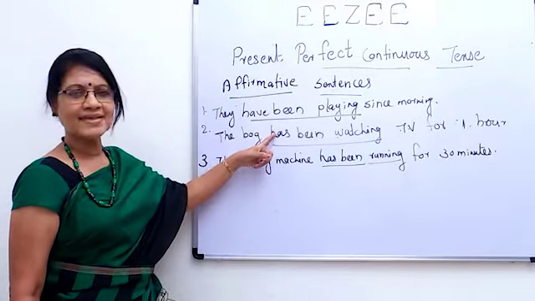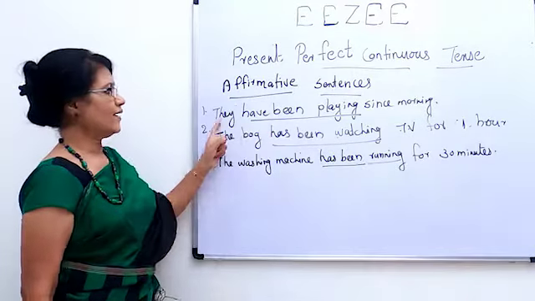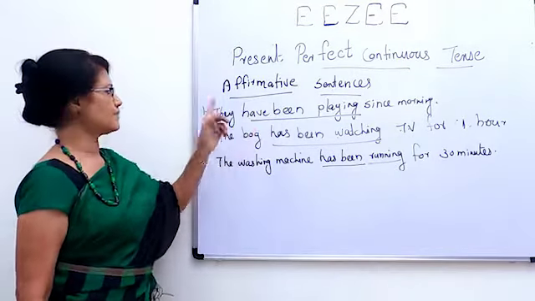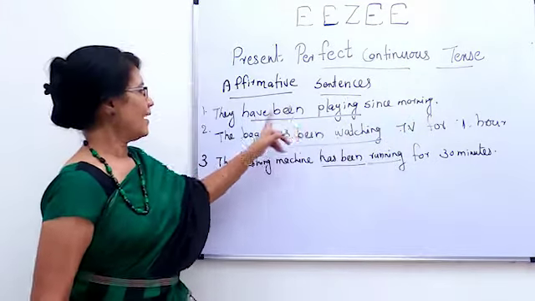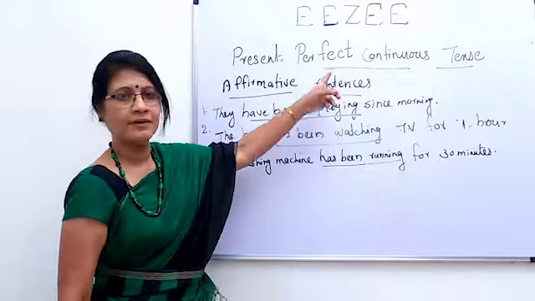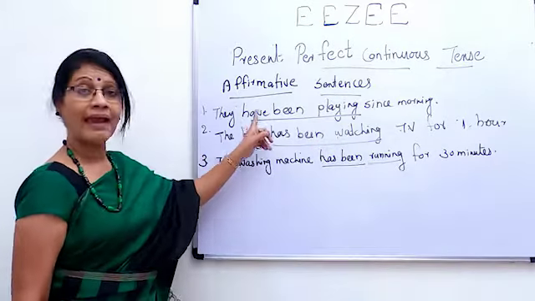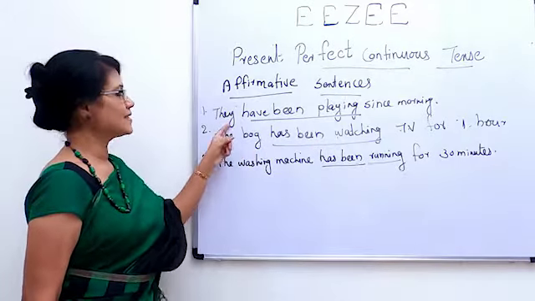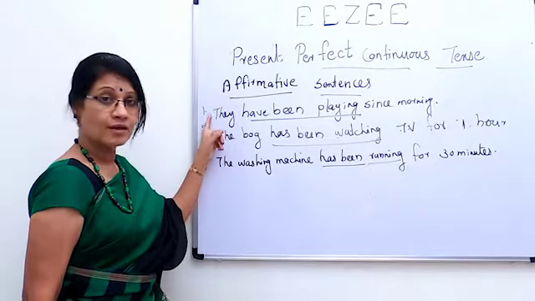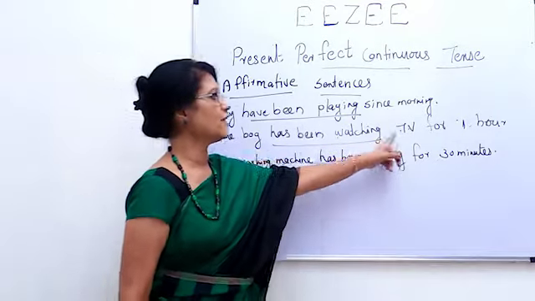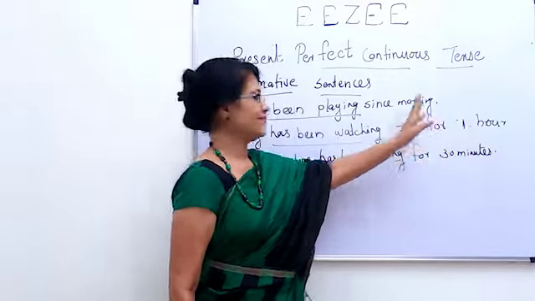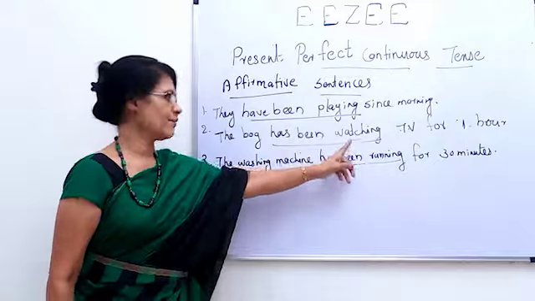Now look at these sentences, affirmative sentences. These are examples. They have been playing since morning. Have been playing is present perfect continuous tense. They have been. Why they? The subject is not third person singular. The boy has been watching TV for 1 hour. Has been watching.